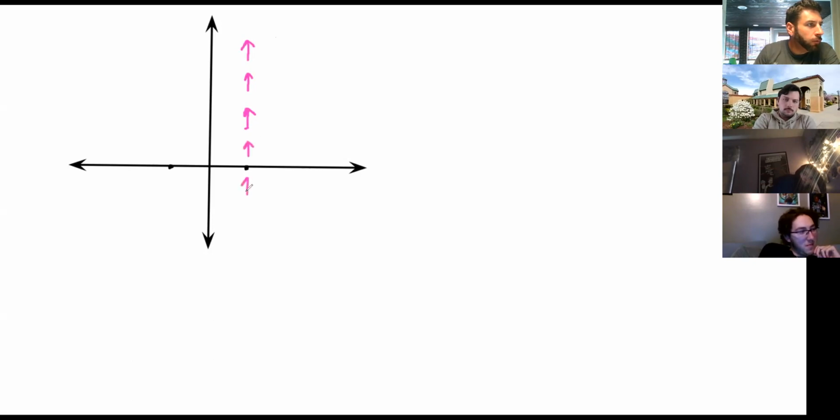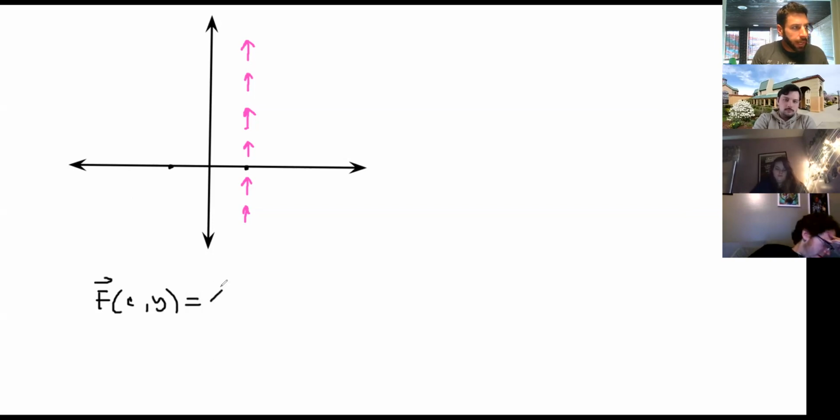Now I can't draw all of them, because I can't draw one at every single point, but I can try to represent them. As I move further to the right, the x values increase. It's worth writing this down: no matter what you put in for your x, I'll call it C, as C increases, the y coordinate of your output grows.